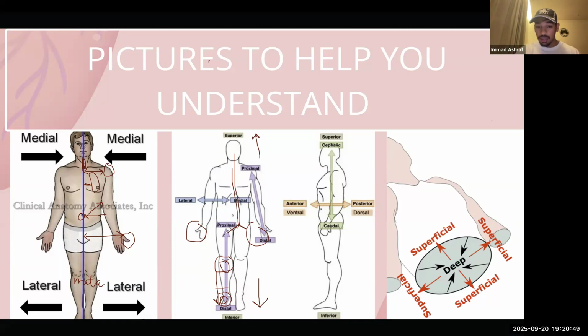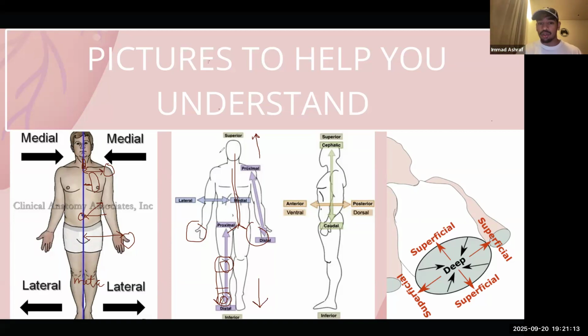So even though the knee is proximal to the ankle, the knee is distal to the hip because the hip is the first joint of the lower limb. So anything that's below this is going to be distal, and nothing can be more proximal than the hip in the lower limb, because it's the first joint.